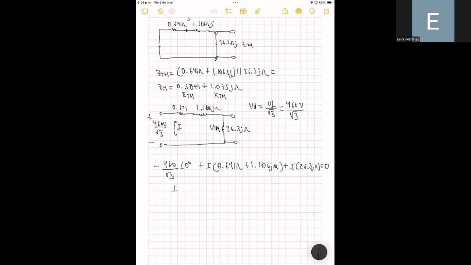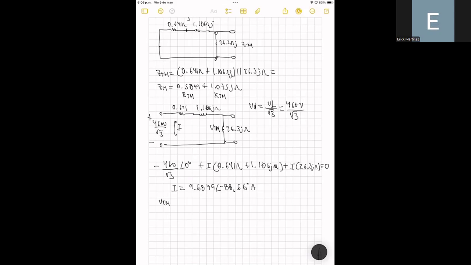So I is equal to 9.6879 with an angle of minus 88.66 degrees amperes.